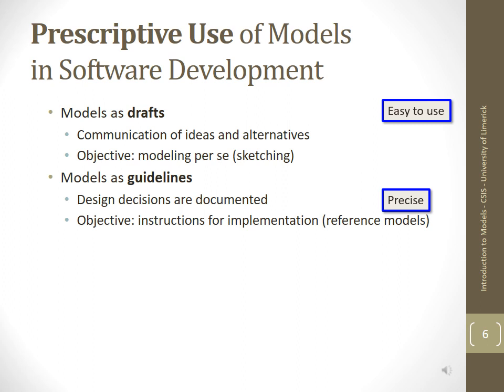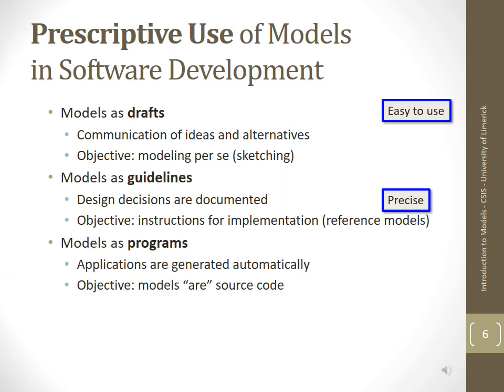And then there is something called model-driven development that deals with the idea that rather than coding directly, you create models with components that include the code, and you're using a modeling system in order to create the final program, generating the code from the models. So that is also a prescriptive use.